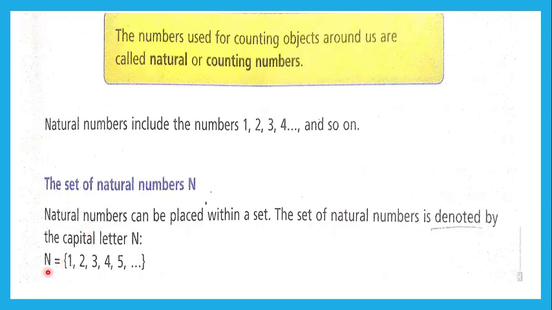We write capital N is equal to, and in the brackets we write 1, 2, 3, 4, 5 and then dot dot dot. These dots mean that there are infinite numbers in the natural numbers.